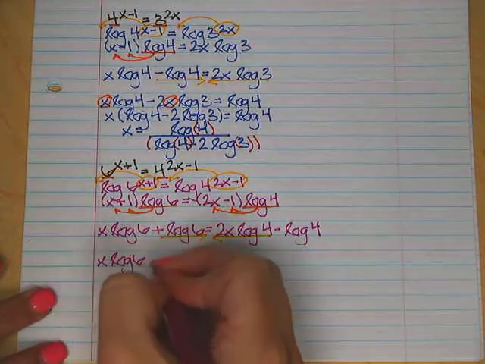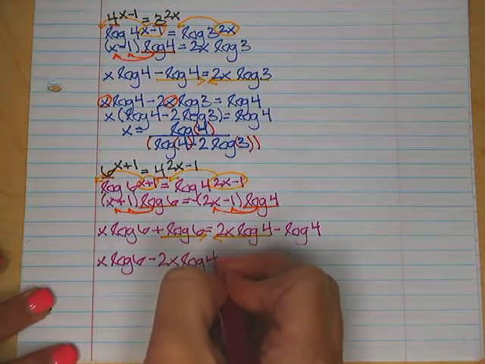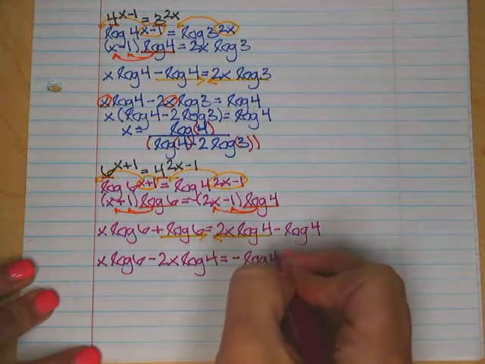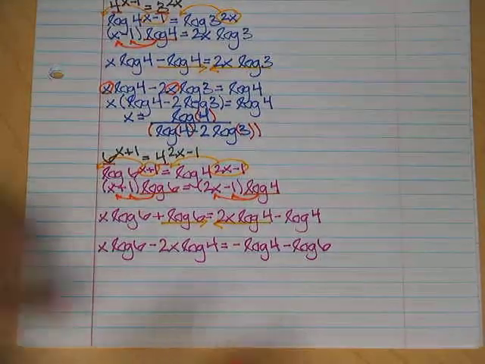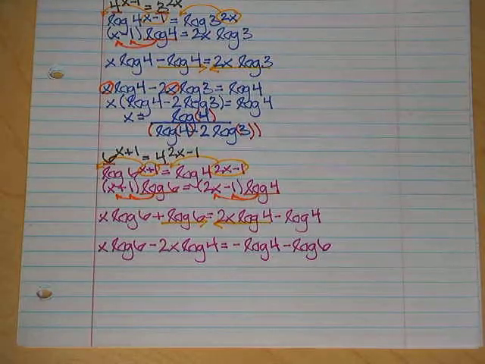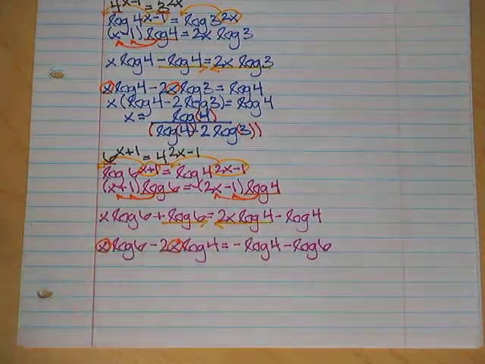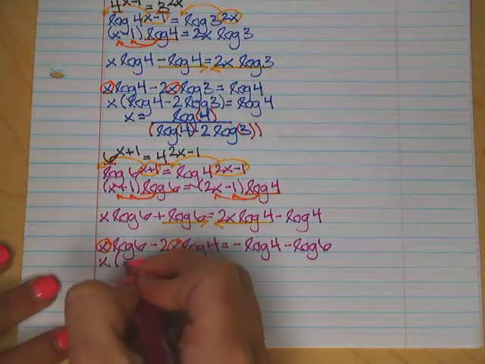So I'm going to move the log 6 to the right and the 2x log 4 to the left. So I'll have x log 6 minus 2x log 4 equals negative log 4 minus log 6.